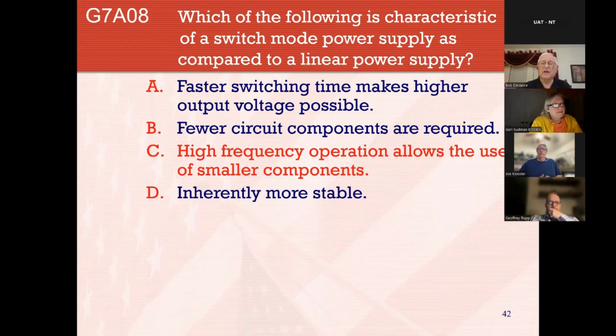Fewer components is definitely not the answer because there's 20 times more components in a switching power supply than in an analog supply. And then faster switching times doesn't really have anything to do with it. And it's not inherently more stable because you got a lot more electronics in there that all have to work together to make it stable. So the C is by far the correct answer.